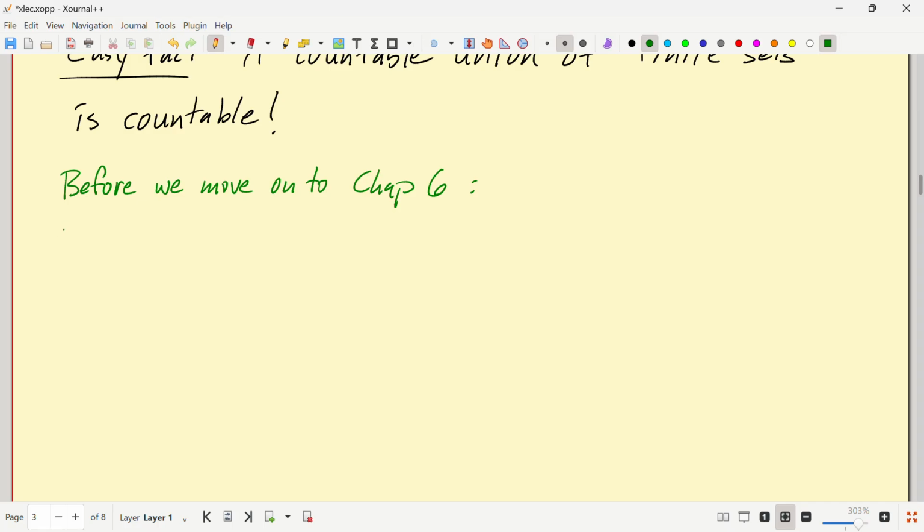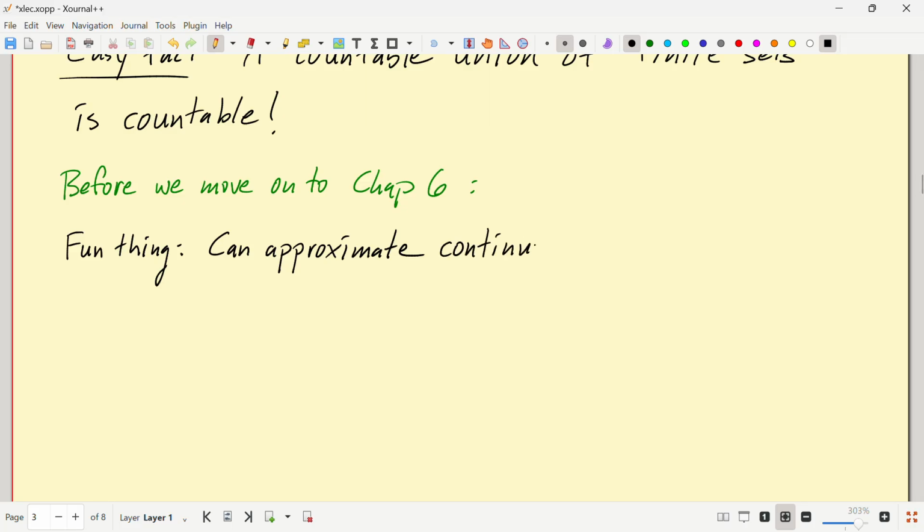I can approximate continuous functions by step functions. It's kind of an application of uniform continuity. So we can approximate continuous functions on a closed interval by step functions.